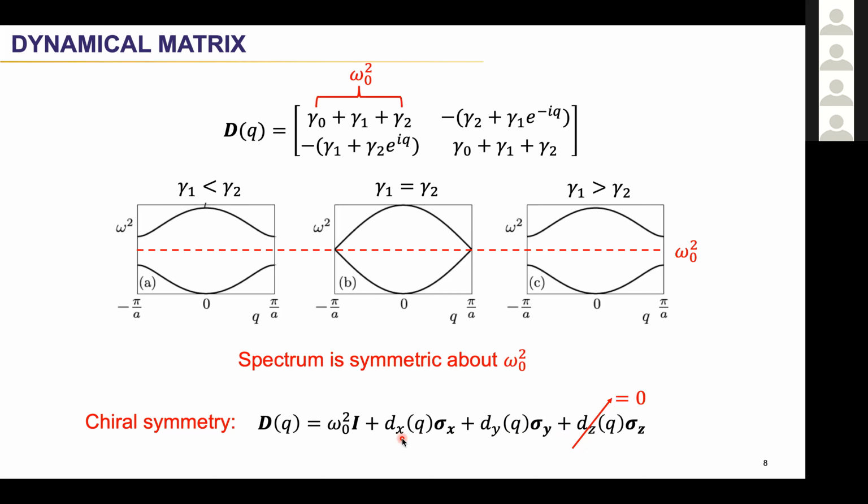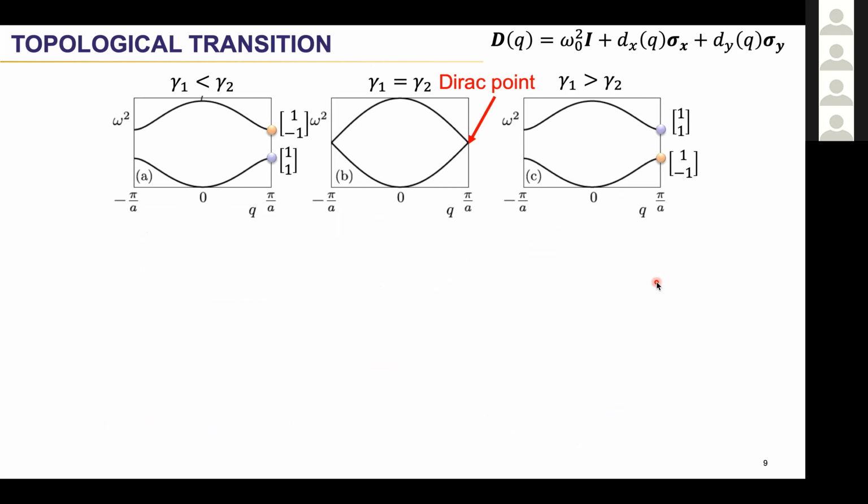Whereas this is simply a shift about omega square, which is the frequency about which the spectrum is symmetric. So more intuitively, what's happening in the system is that let's consider three different cases of different relative strengths of gamma 1 and gamma 2, which are two different stiffnesses of the springs.